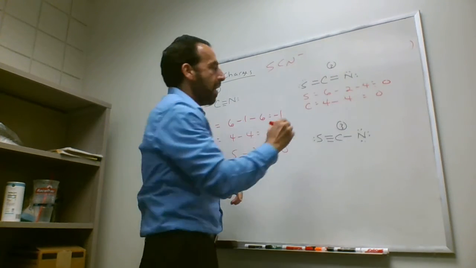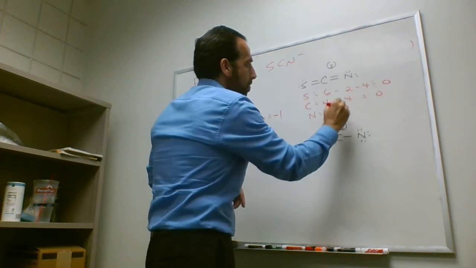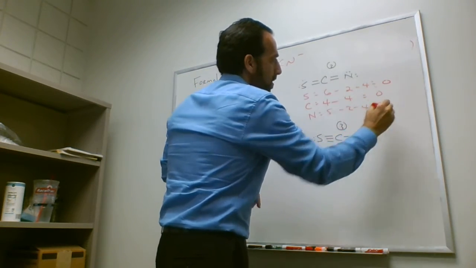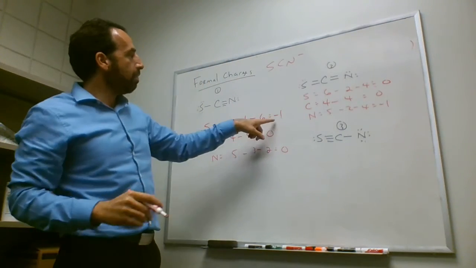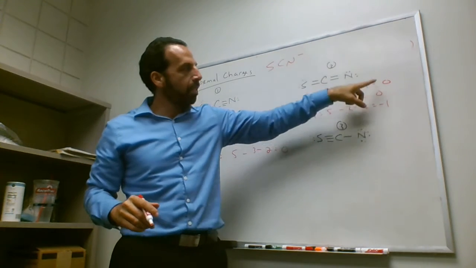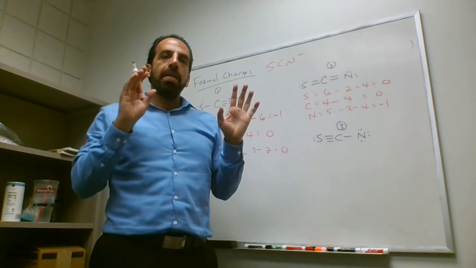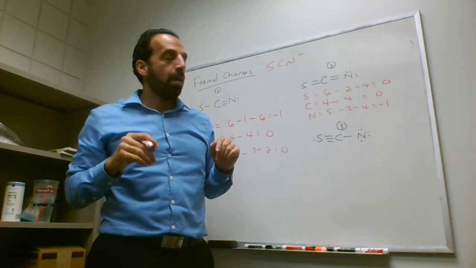And then nitrogen in this case: 5 minus 2 minus 4 is negative 1. So again, the total charge has to be negative 1. So negative 1, 0, 0, that's correct. Thiocyanate, SCN negative, so its formal charges have to equal negative 1 overall.